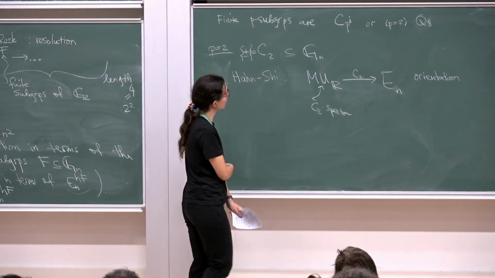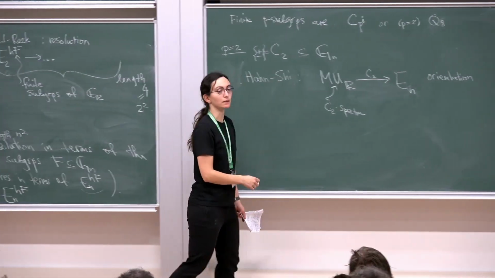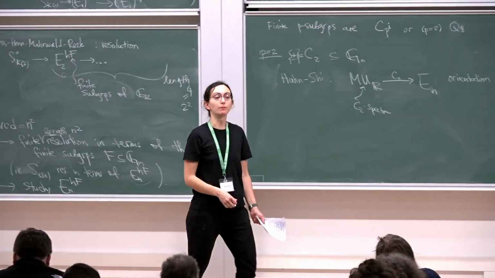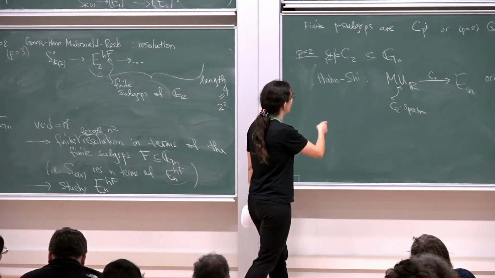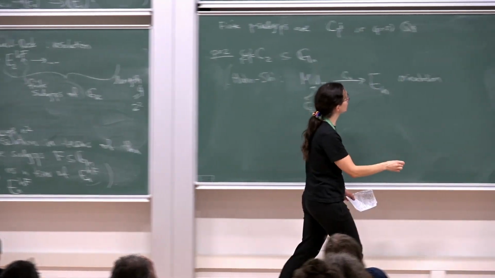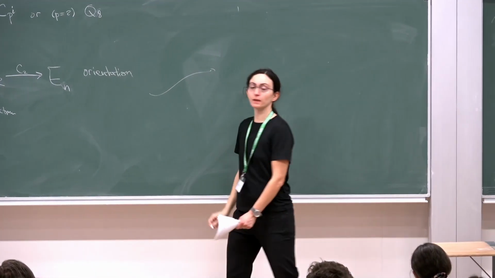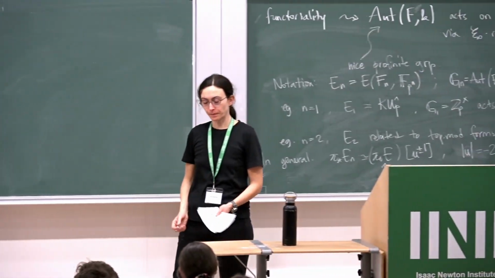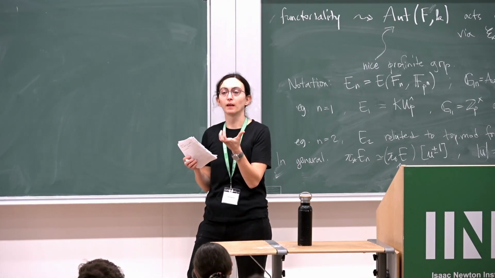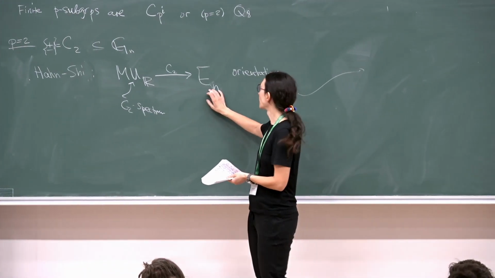Another consequence of this orientation is that it gives us even more structure. Let's do a little reminder. The point of view that Jeremy was talking about last time was that we are really interested in these Borel-style spectra like E_n.